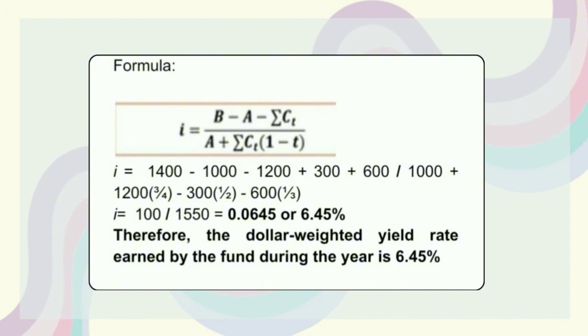The formula I used is the second one, the formula for the dollar weighted rate of return. As you can see, I distributed the given values: B is 1,400 minus A, which is 1,000, minus 1,200, which is the deposit.